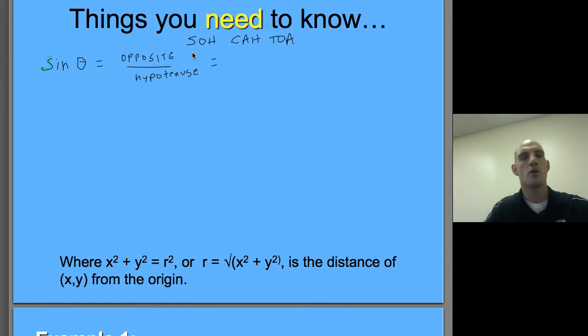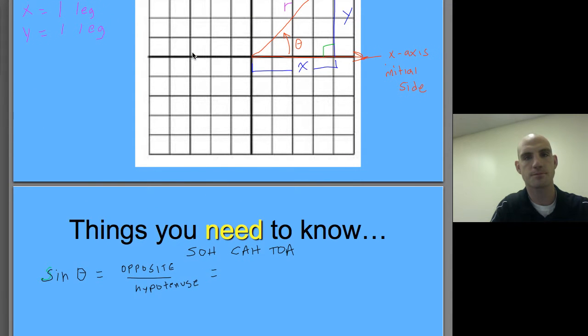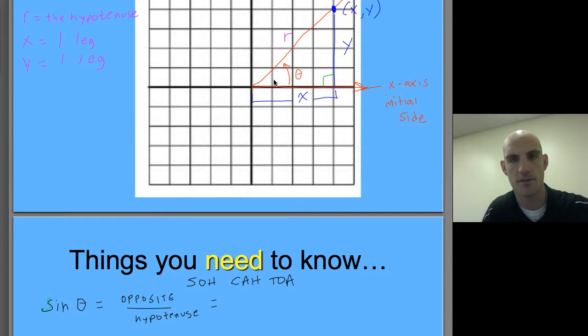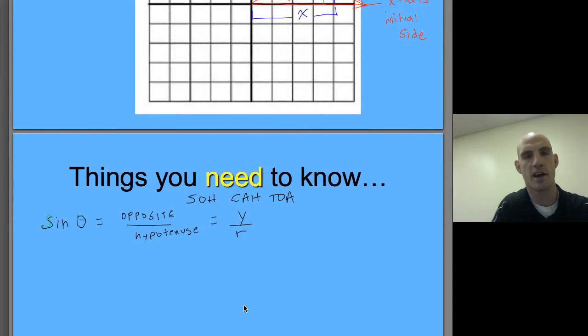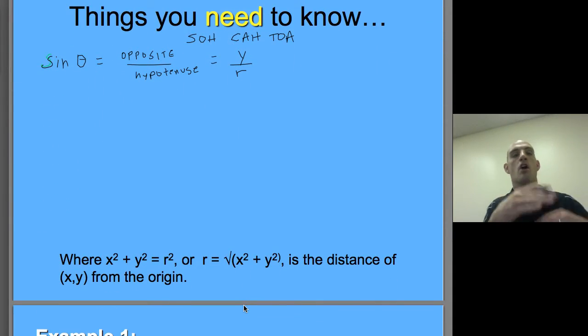Remember this? Well, if we look at theta, the opposite of theta would be y, and the adjacent to theta is x, so that means that the hypotenuse, which we know, is r. And so the sine of theta is going to be equal to the ratio y over r.